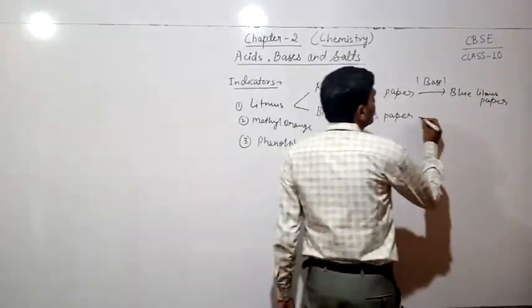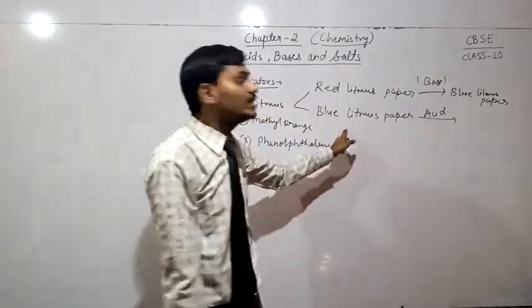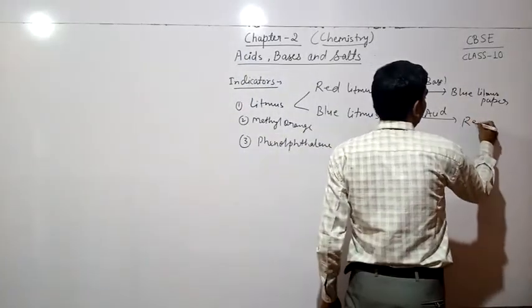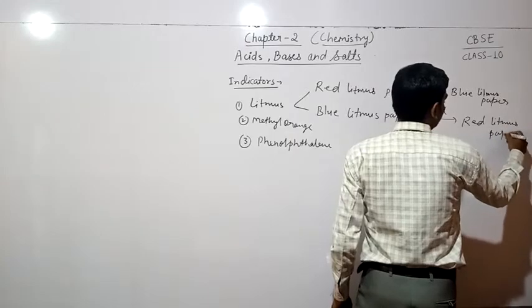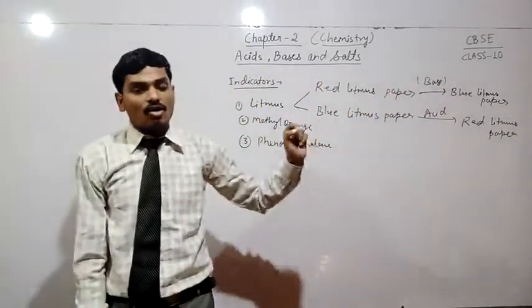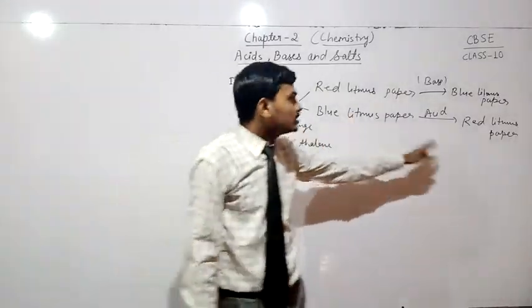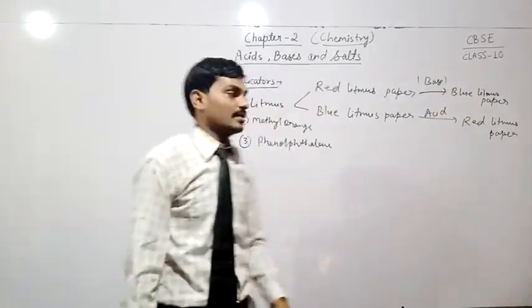And in the presence of acid, the blue litmus paper turns red. That is, if we put acid on blue litmus paper, then it converts into red litmus paper.